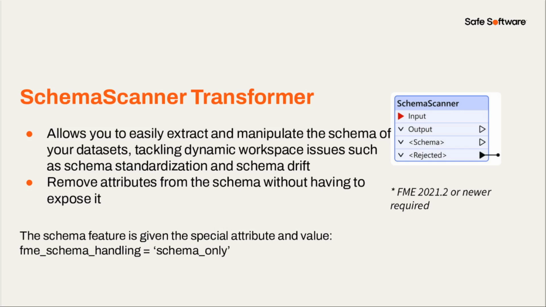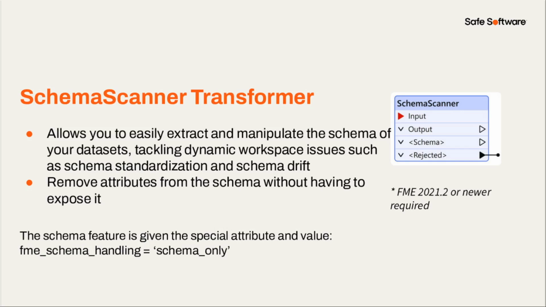If anyone here is familiar with the schema setter transformer that used to exist on the FME Hub, this is essentially replacing that. This was introduced in FME 2021 and performs some of the similar processes, but is now a dedicated transformer within FME as opposed to being a transformer sitting on the FME Hub.